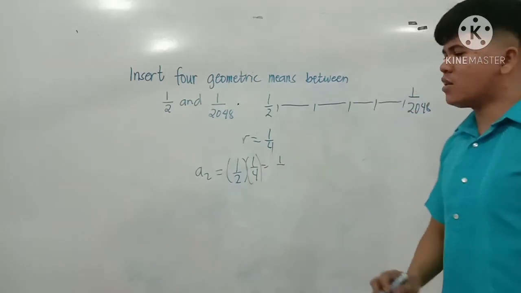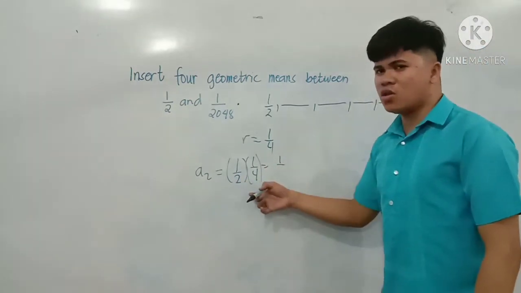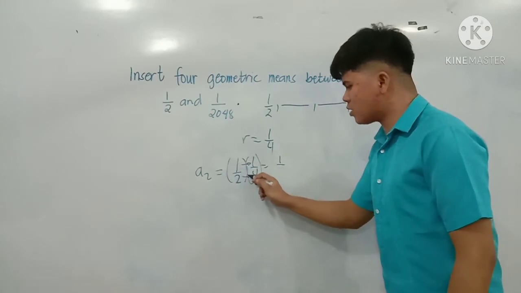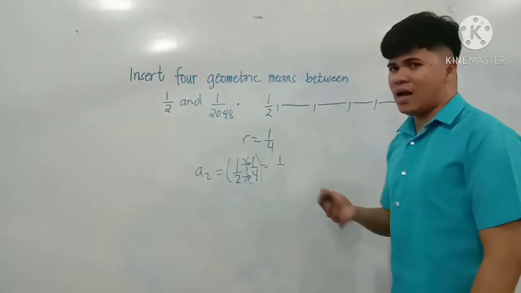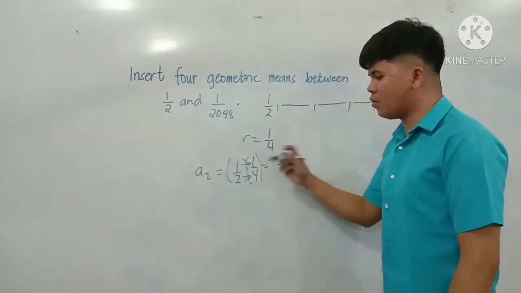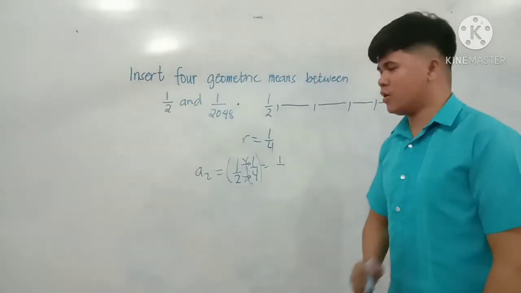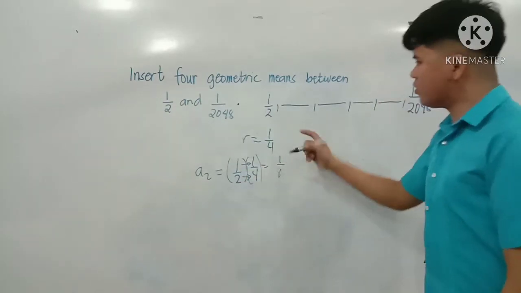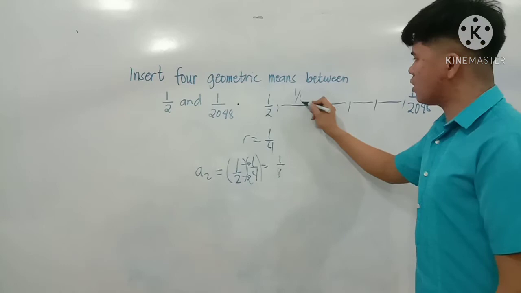In multiplying fractions, we simply multiply numerator to numerator, denominator to denominator. So 1 times 1 will give us 1, 2 times 4 will give us 8. So therefore, our second term is 1/8.